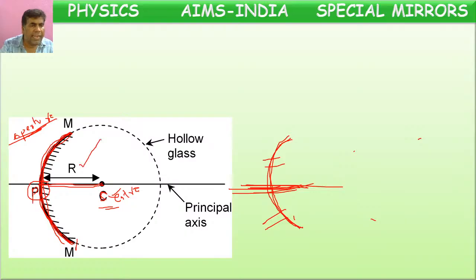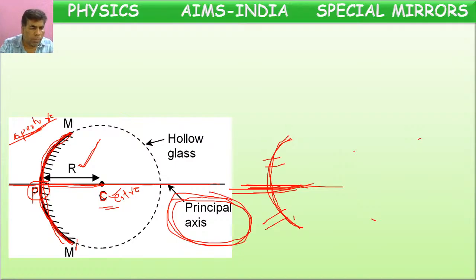From the pole to the center of curvature, from P to C, whatever distance is there, we call it the radius of curvature. The line joining P and C and extended is known as the principal axis. Principal means main.